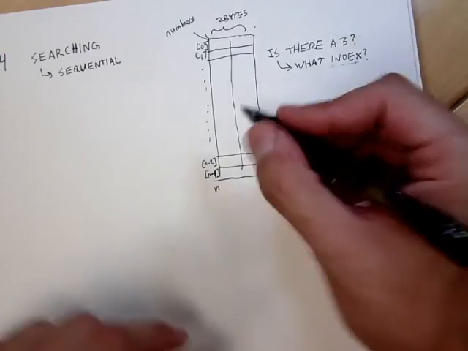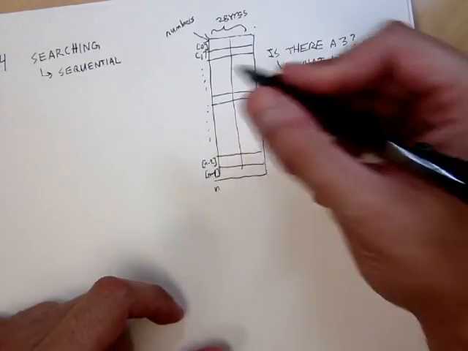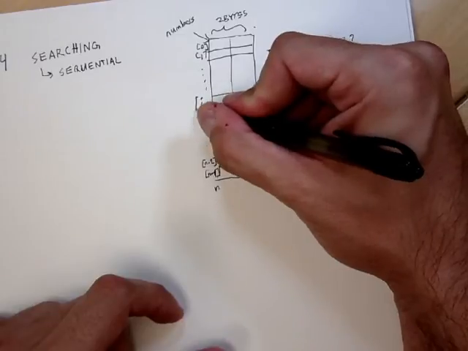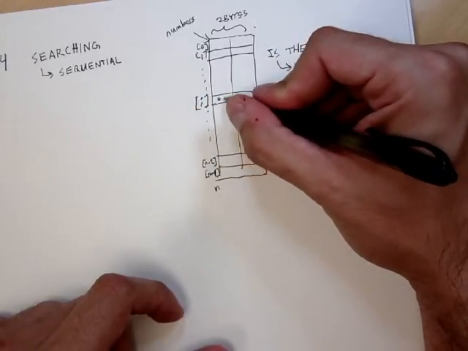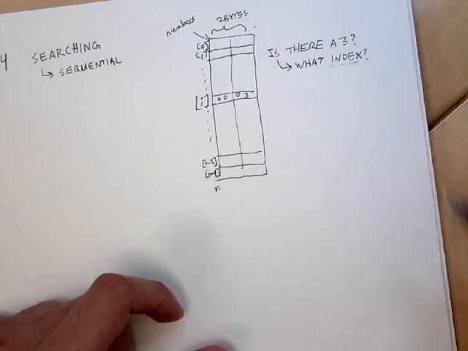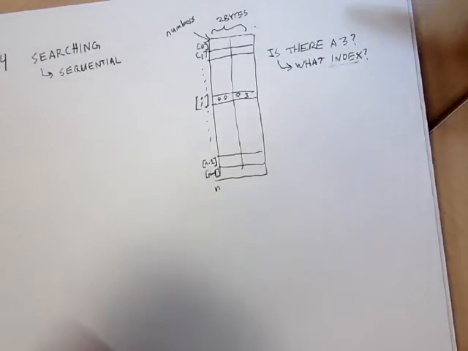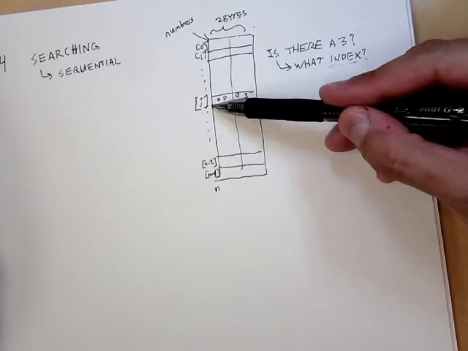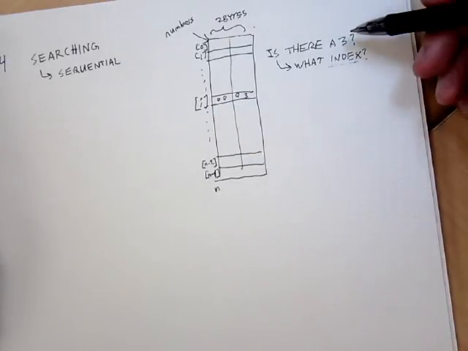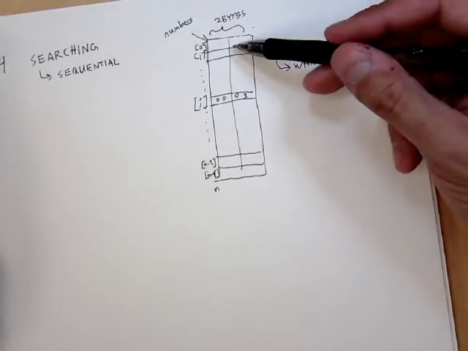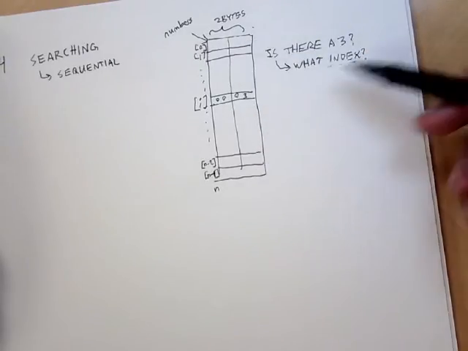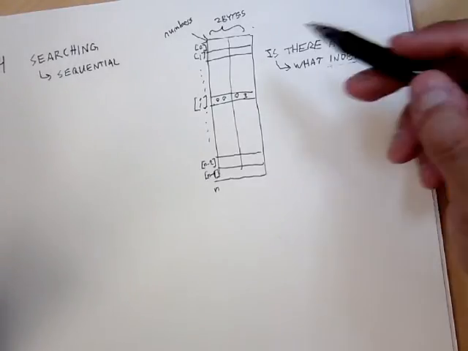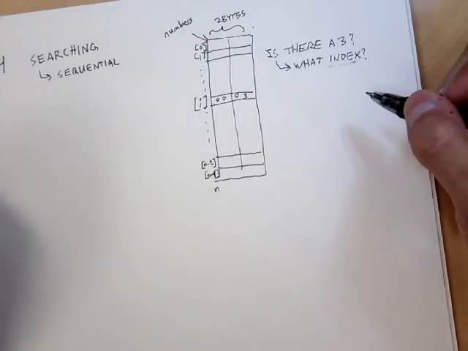So if somewhere in this array, at some index, let's say I, we have the value 3, then we would expect this thing to come back and say, oh, yes, there is a 3, and it's at index I. Now, if we were to ask it, is there maybe a 7, we go through and there are no 7s, so maybe we say false, and its index we leave as garbage, or we set it to -1 or something.